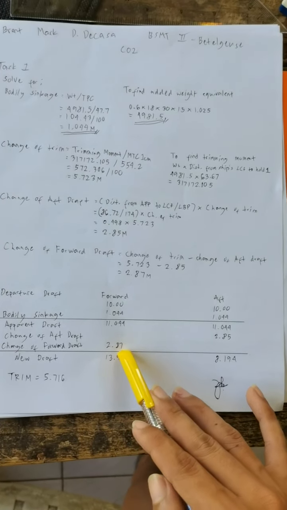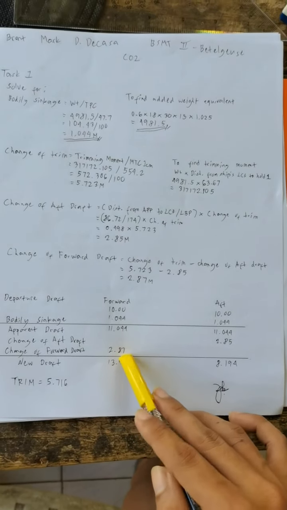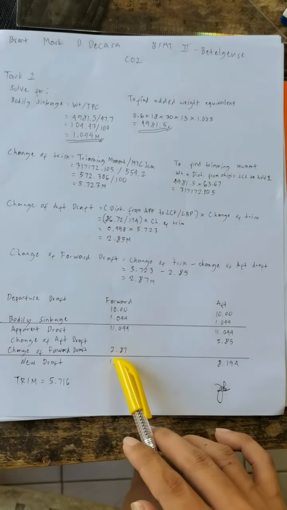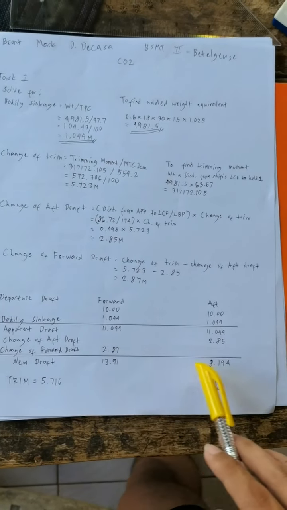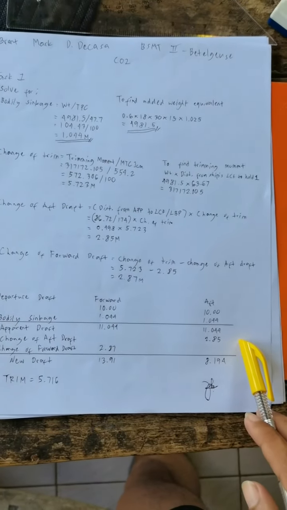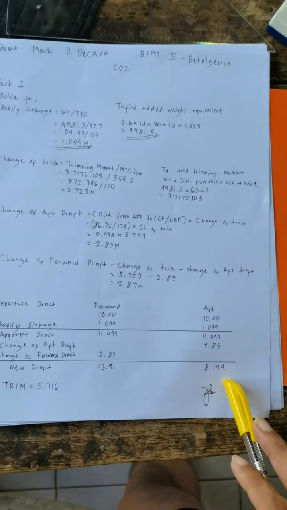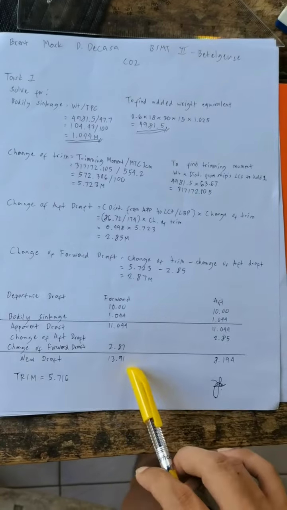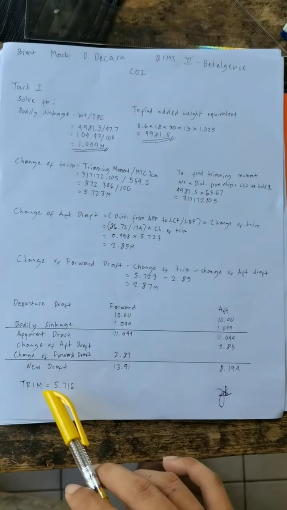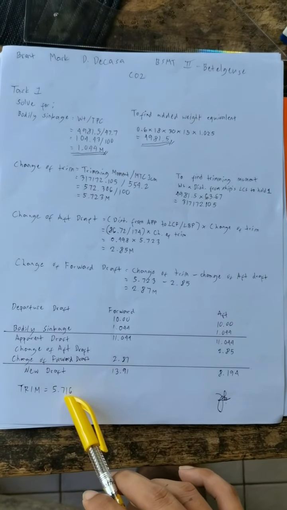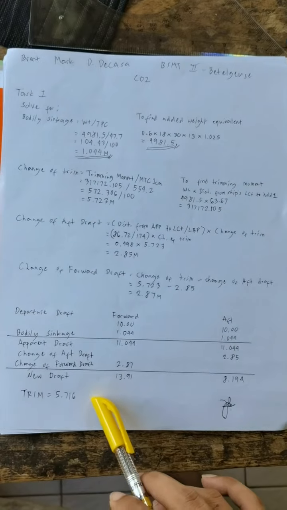Since the cargo hold number 1 is in the forward, we need to add the apparent draft and the change of forward draft, which is 13.91, and the aft draft we need to minus, so the answer is 8.194. And 13.91 minus 8.194 is equal to 5.716. That is the trim by the head.